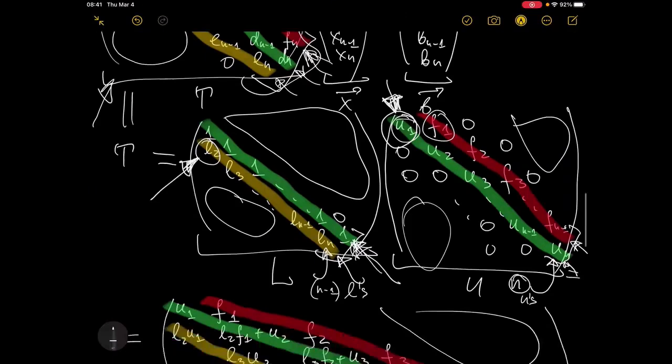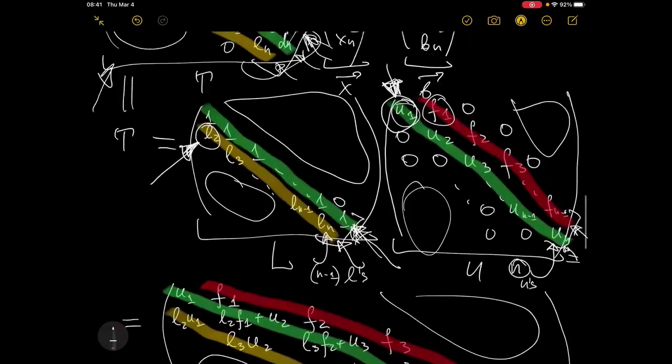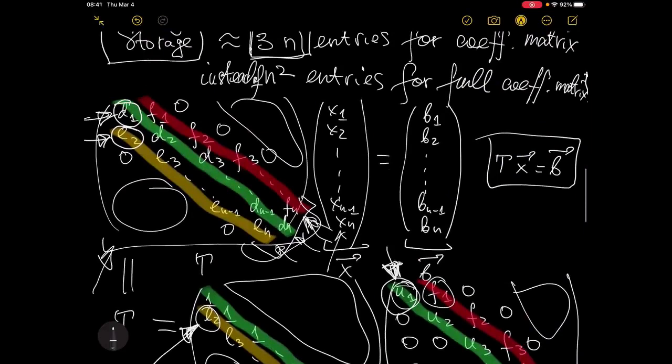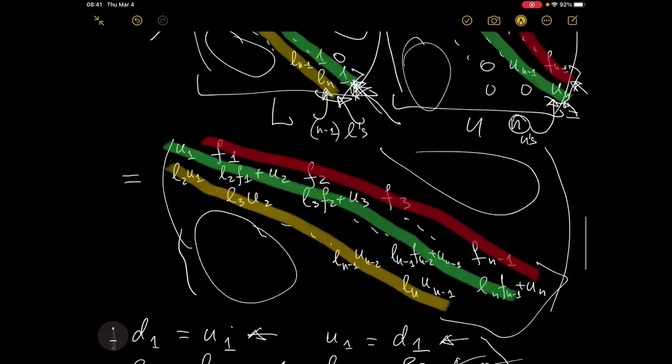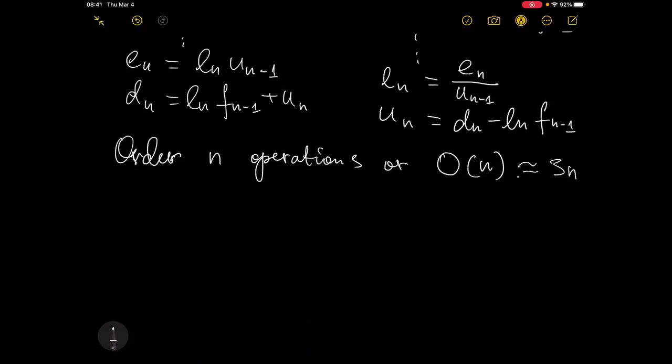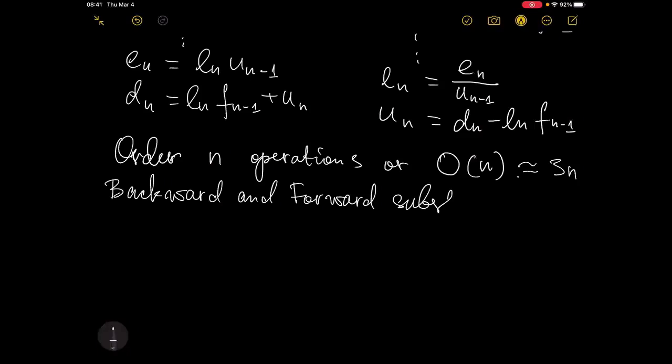I can ask it as a question later, just to derive the formulas for X through these L's, U's, and F's and the right hand side. Altogether, forward and backward substitutions will give you order n operations. So this is a good exercise to compute exactly how many operations it will be.